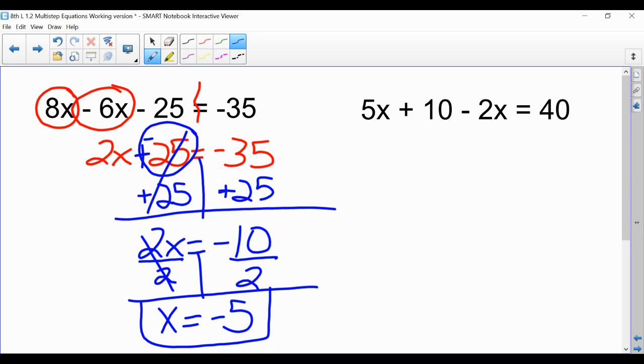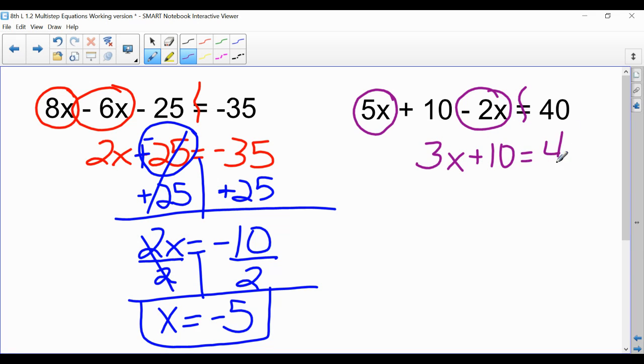And our last one over here, 5x plus 10 minus 2x equals 40. If I look on this side of the equal sign, I have a 5x and a negative 2x. So 5x plus a negative 2x is 3x plus 10 equals 40. Positive 10 is my constant. That's the number by itself that's on the same side as the variable.